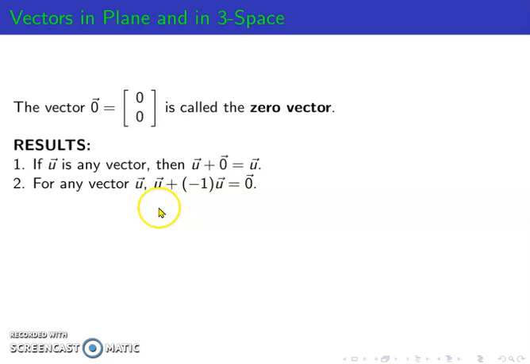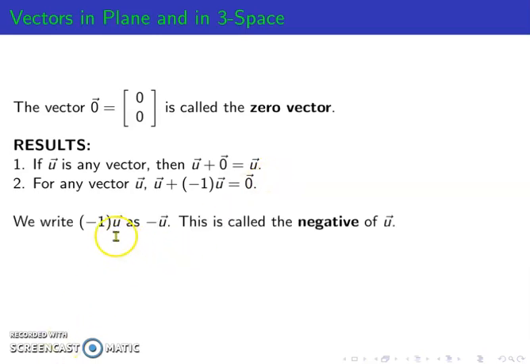And for any vector, this is also true because this is the negative of the components of U. So pag i-add mo, magiging 0 siya.